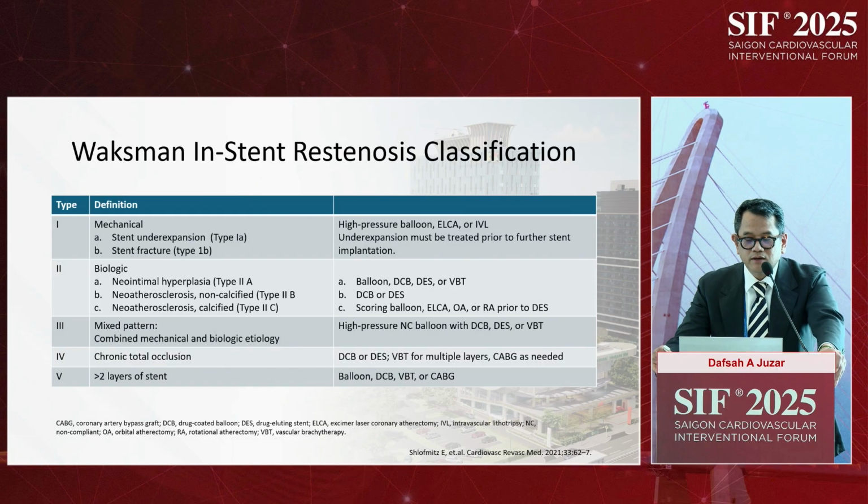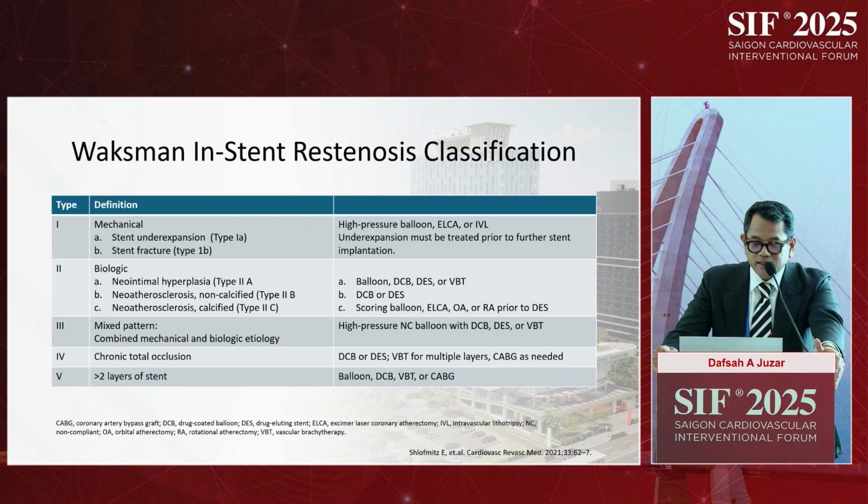If you use the Waksman in-stent restenosis classification, I think they divide it into 5. If there is a mechanical issue, then you should correct the underexpansion and then follow up with a stent. For biological, I think there's an option for balloon, DCB or DES.